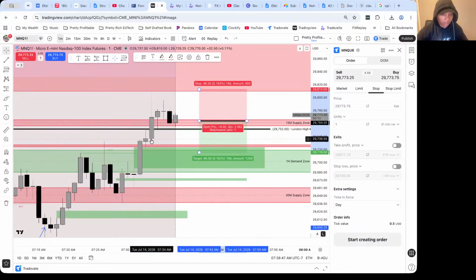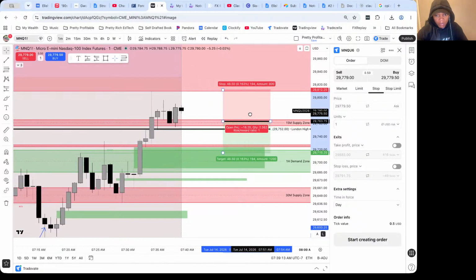So if a candle closes under here, it could be a potential entry, but it's not a rejection candle because this is a bullish candle. So I need to know if a rejection candle, does color matter? That's now my next one.